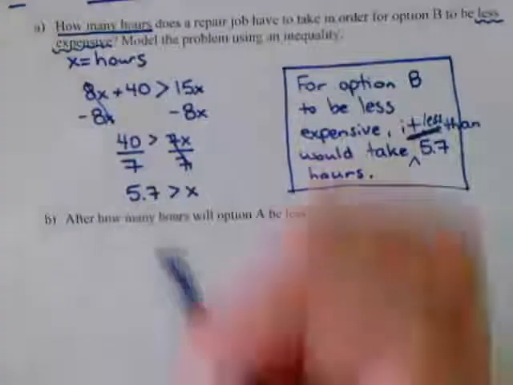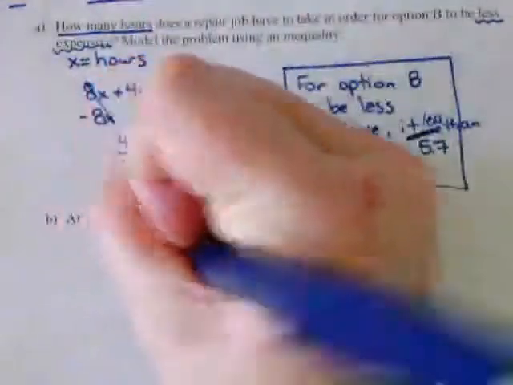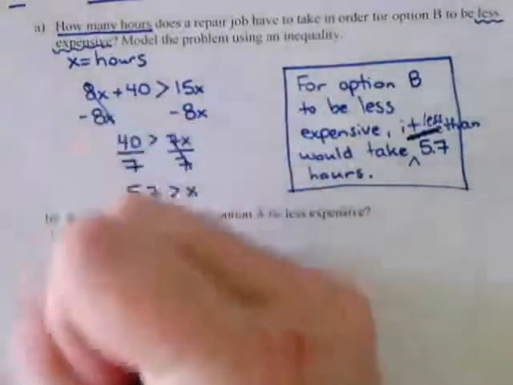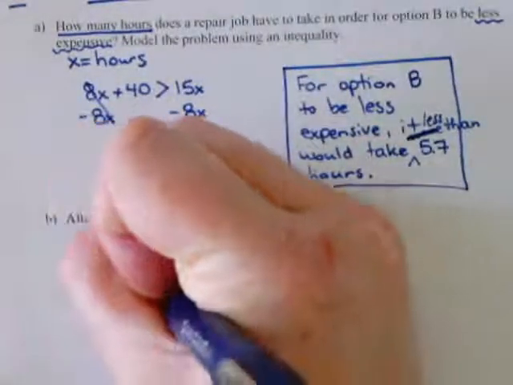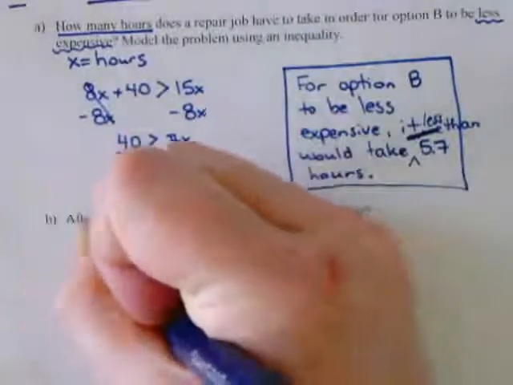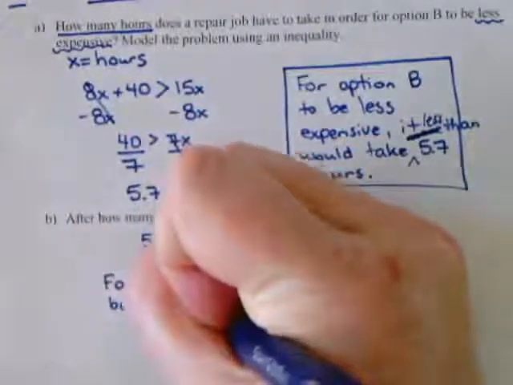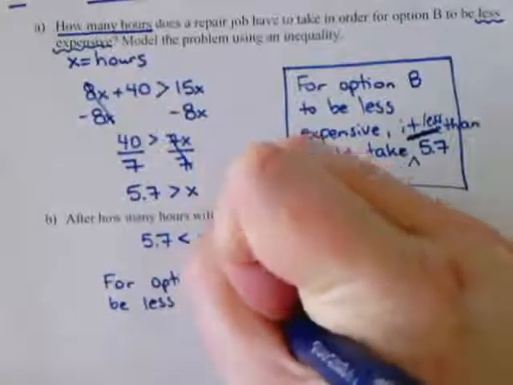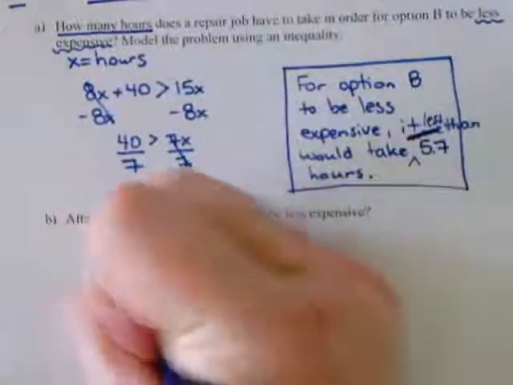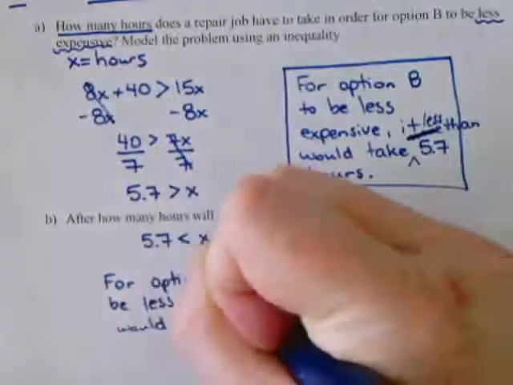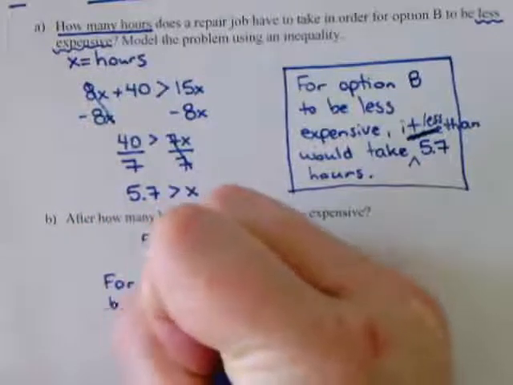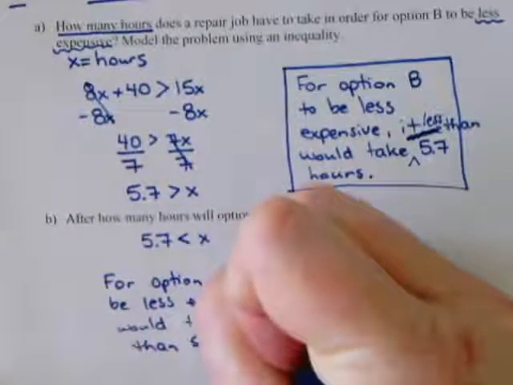Now, if we switch that around, our answer here would be 5.7 is less than x, which means that for option A to be less expensive, it would take more than 5.7 hours.